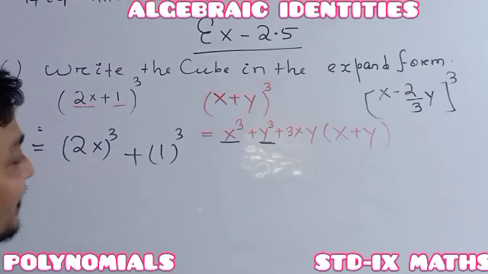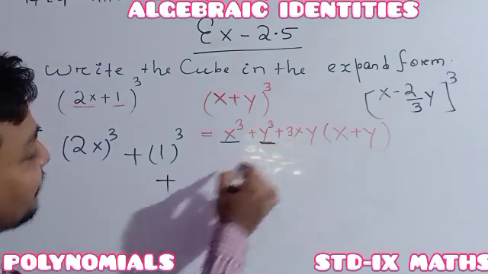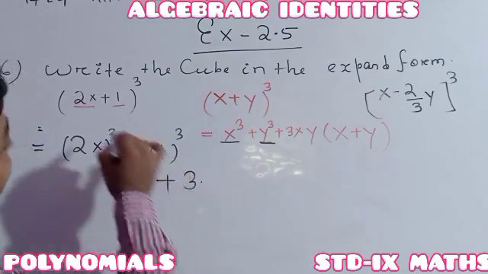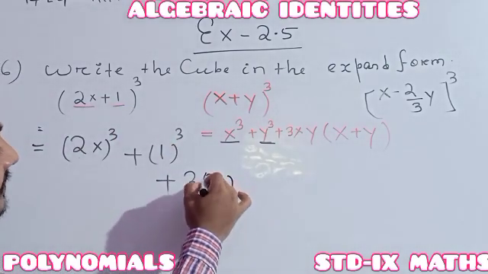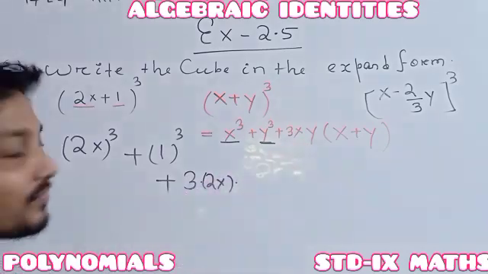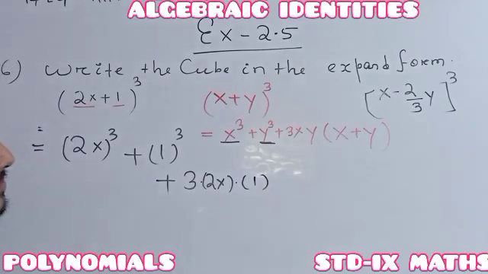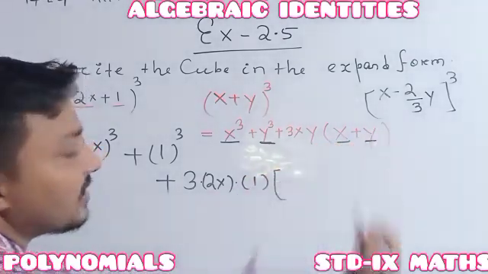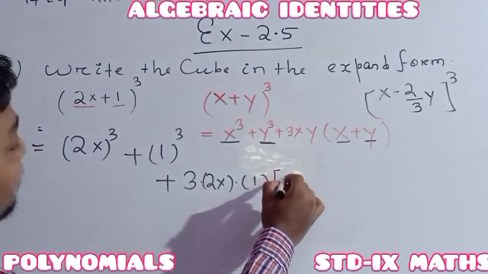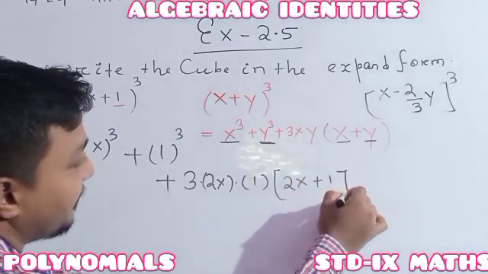Understood or not understood? Then after here it is plus 3xy, meaning 3 into first term 2x, into last term which is 1, within the bracket first term plus last term, otherwise first term plus second term.